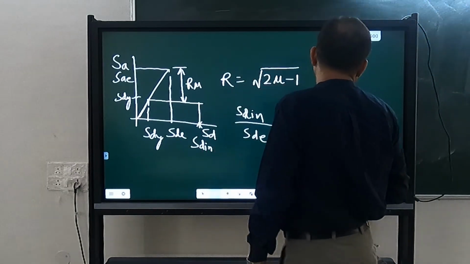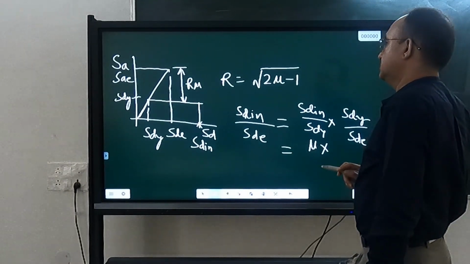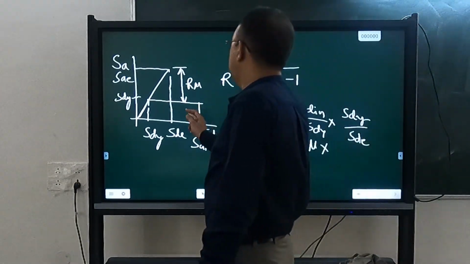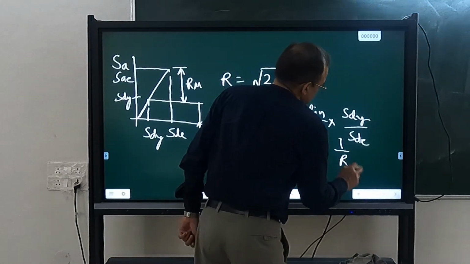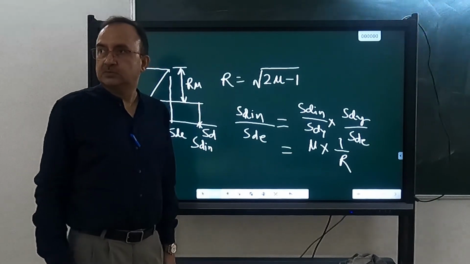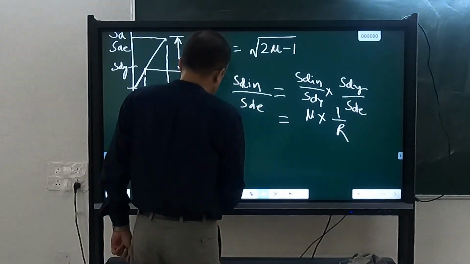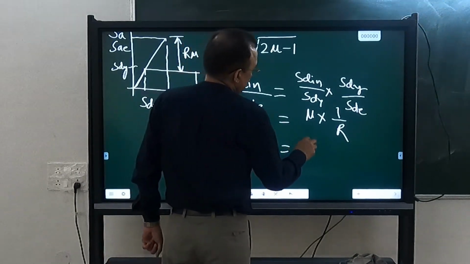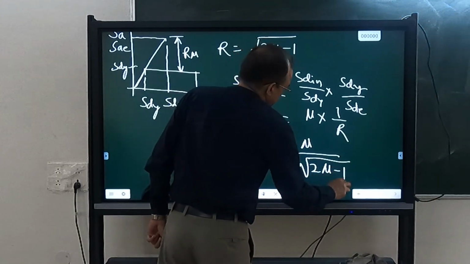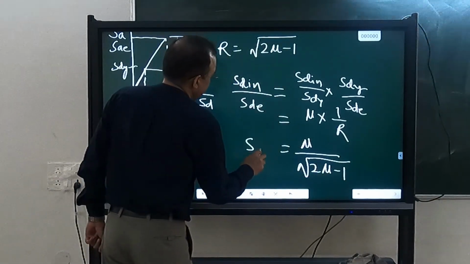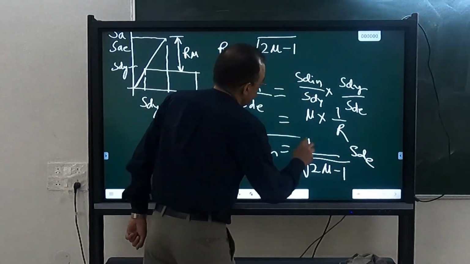And SBY over SBE, or SBE over SBY, that will be equal to R. So that will be equal to mu over square root 2, or SB inelastic will be equal to this.